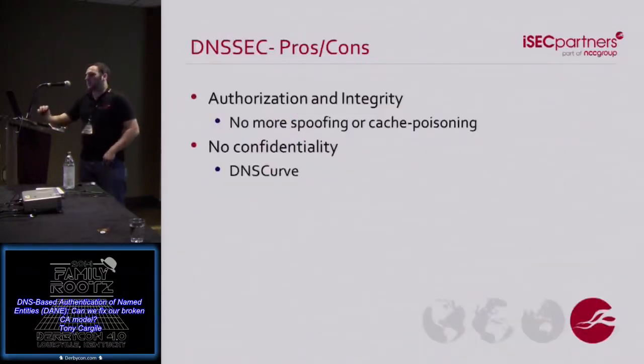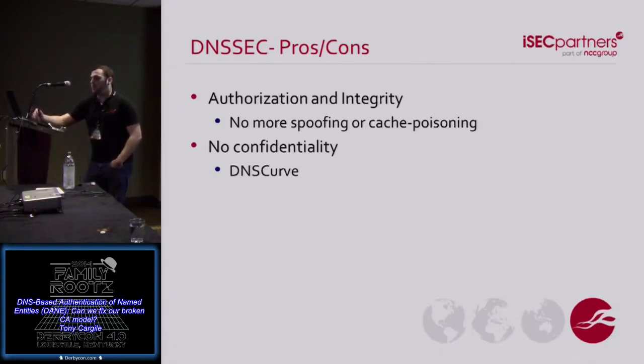So, like I mentioned earlier, there are some pros and some cons with DNSSEC. Obviously, the pros: no more DNS spoofing. We provided authentication and integrity, and so we can't do any more spoofing. We can't do any more cache poisoning. A big negative, though, is that we don't provide any sort of confidentiality with our DNS records.